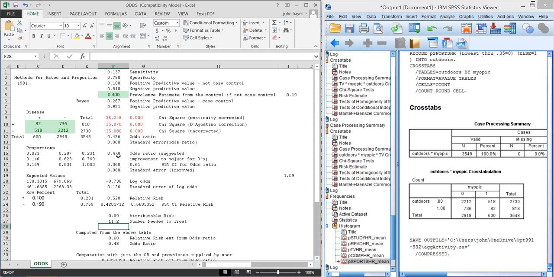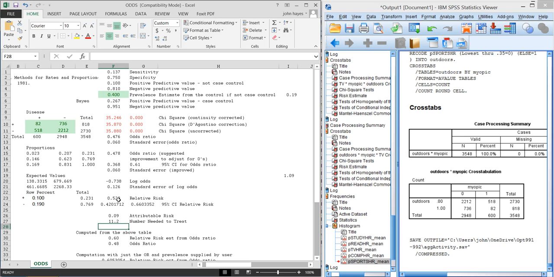By overestimating, we mean further away from 1. So these numbers are less than 1. An odds ratio of 0.47 is further away than the actual relative risk in this case, which is 0.52.